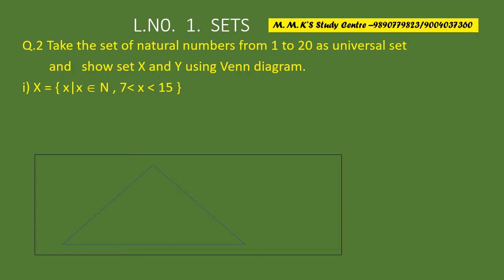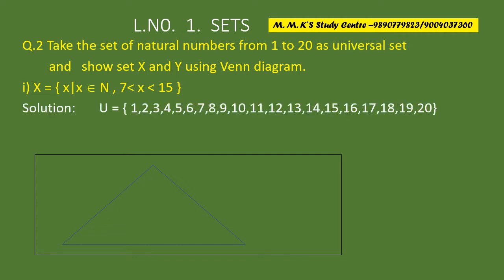We will convert it into the roster form and then we will show it by the Venn diagram. So our question is X is a set of x such that x belongs to natural numbers and x is greater than 7 and smaller than 15. Okay, it means we will take the numbers between 7 and 15.